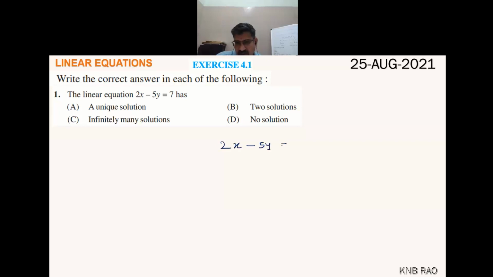So definitely it has infinitely many solutions. You have already found how to get those also. And 7 out of 68 answered unique solution, which is wrong. 2 solutions, 8 boys have answered, that is wrong. No solution, 2 cadets have said, which is wrong. Okay, is it clear?